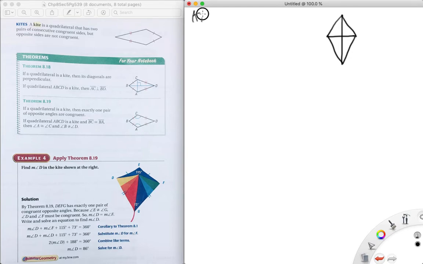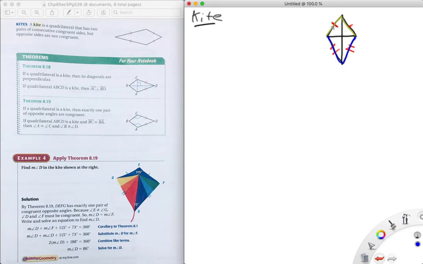So if something is a kite, we have consecutive sides that are congruent. And consecutive sides are sides that touch each other as opposed to opposite sides.